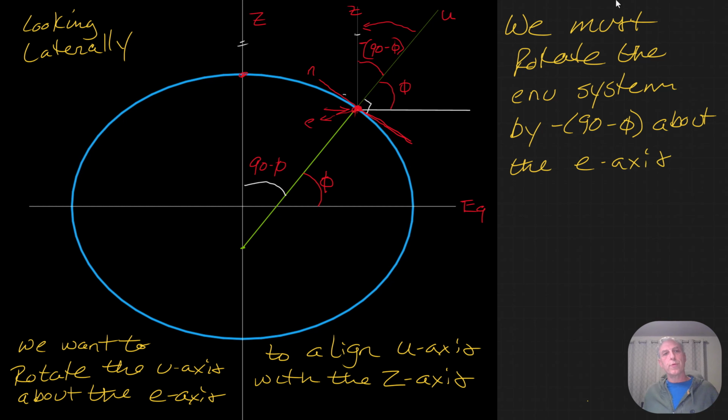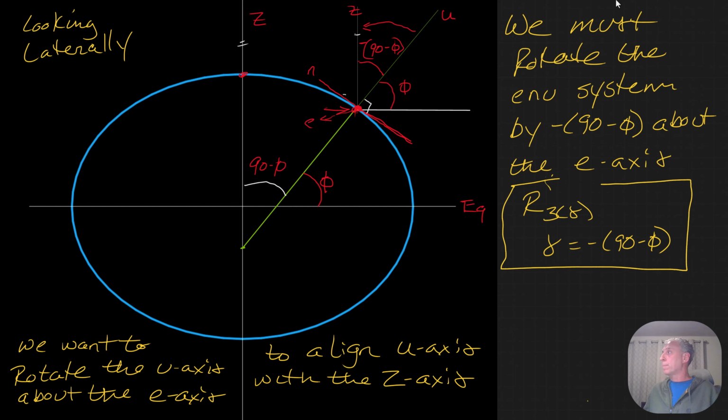And when we went through those rotation matrices, that would be our R3. Our rotation, we used gamma. Well, gamma here is equal to negative 90 minus phi. Just an angle, that's all it is. So that would be one of the rotations we're going to perform.